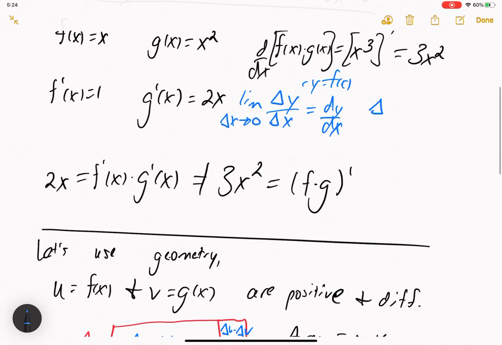Now we're looking for delta u times v. Remember this was the area, so our change in the area is what we're looking for.